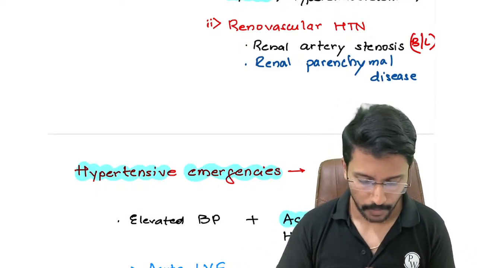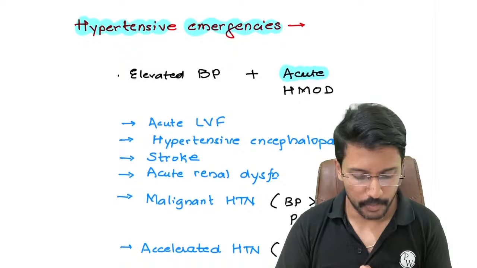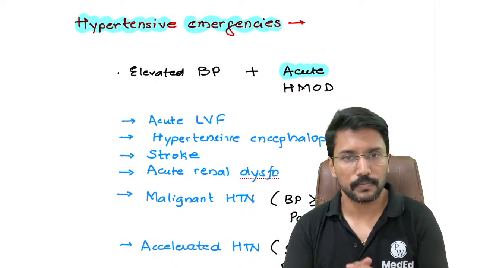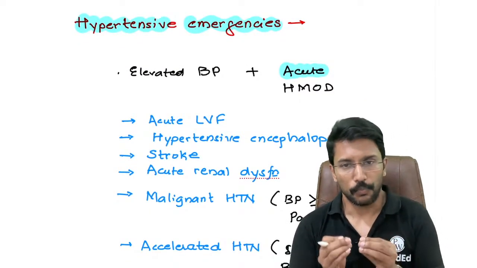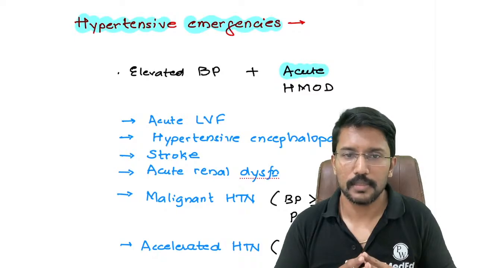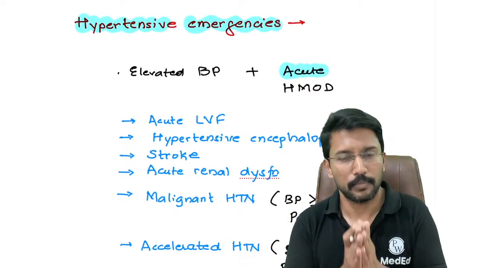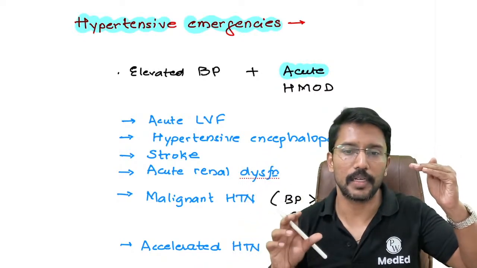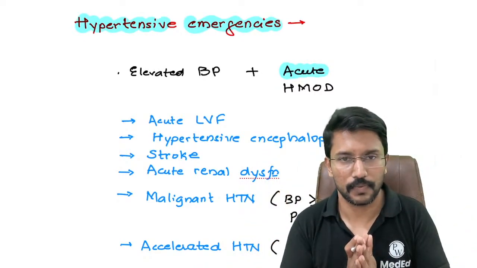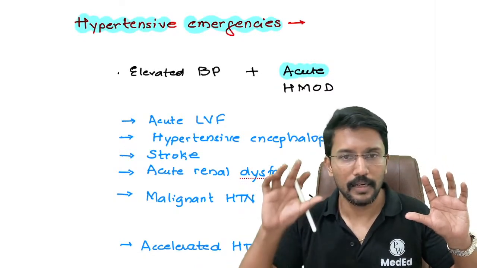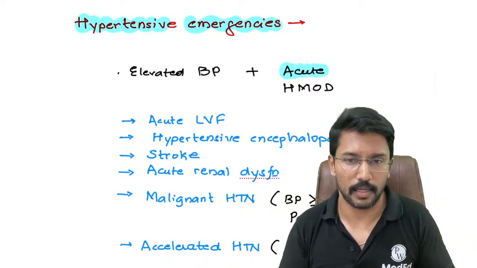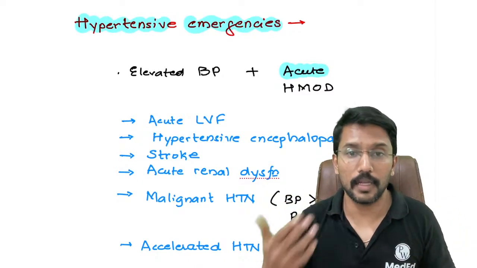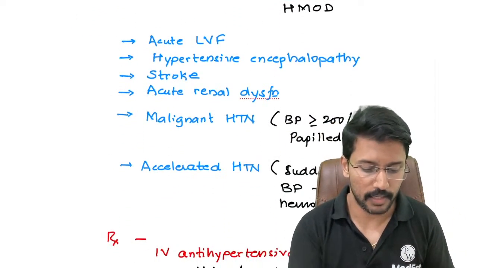Okay, a few quick takes on the hypertensive emergencies. Hypertensive emergencies, in simple concept, mean you have elevated blood pressure and acute hypertension mediated organ damage. What can be counted as an acute hypertension mediated organ damage?